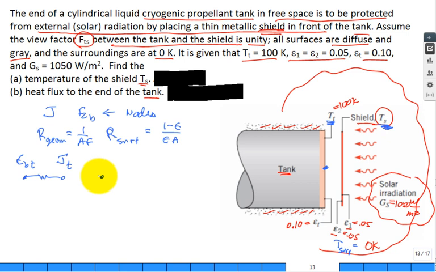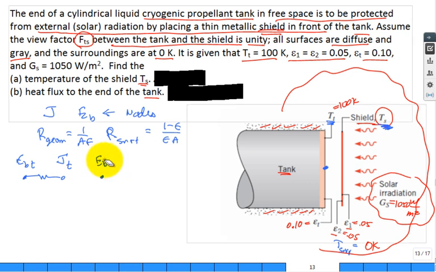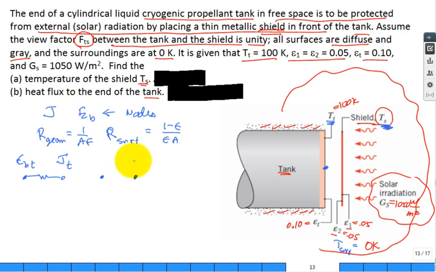But I don't go exactly right to EB of the shield. No, no, no. I have to have the EB of the shield, and then I have J of the shield side 2, or J2, but I emphasize it's the shield second side radiosity. All right. And then likewise I have J shield side 1.